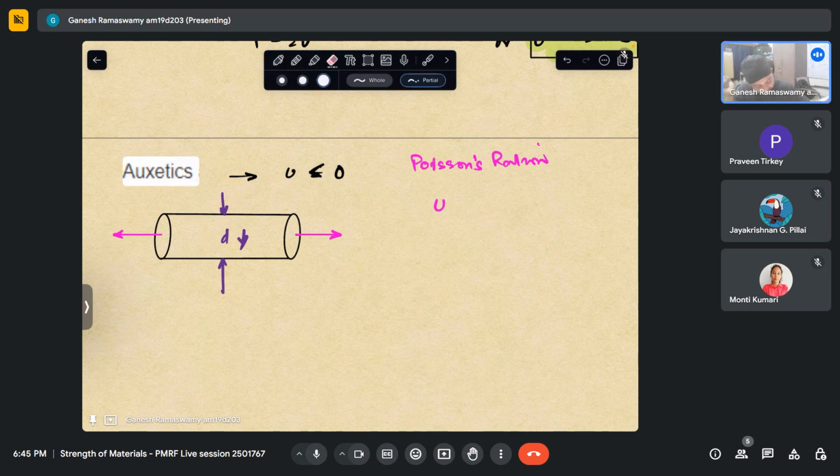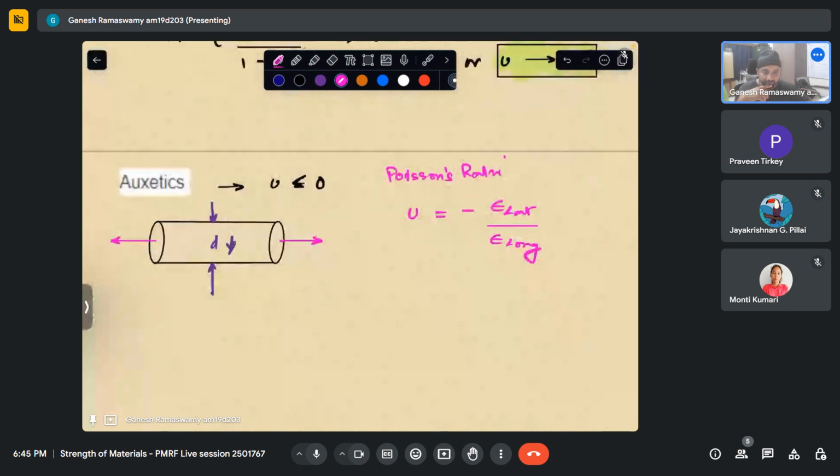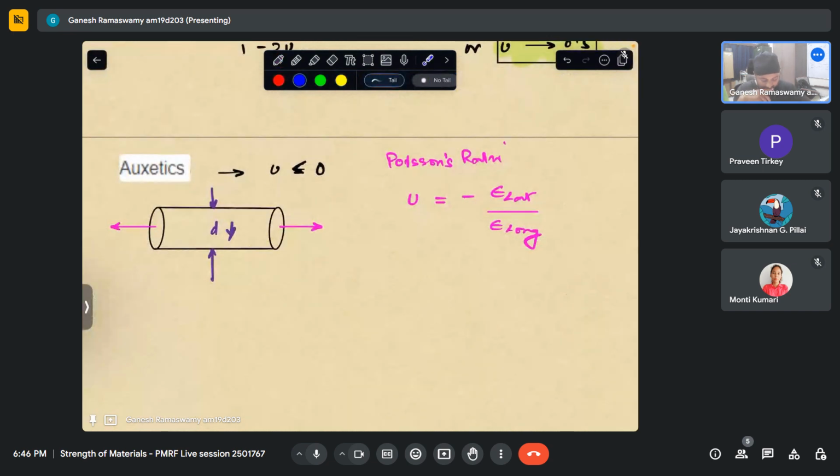Mu is nothing but minus of lateral by longitudinal. So this is to be kept in mind. So if my mu is negative, that implies that lateral strain also has to be positive. It has to be of the same nature as the longitudinal strain. Only then these signs will cancel out and this negative will get retained for mu to be negative.